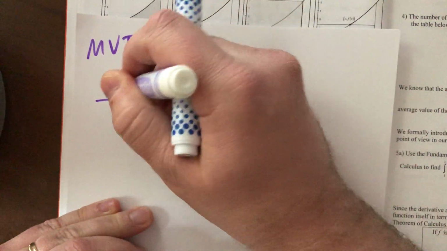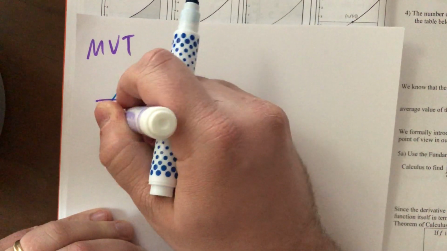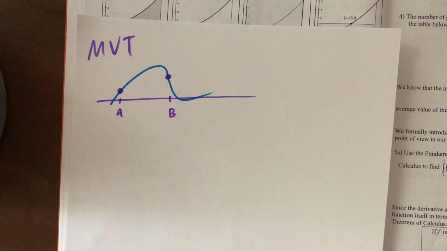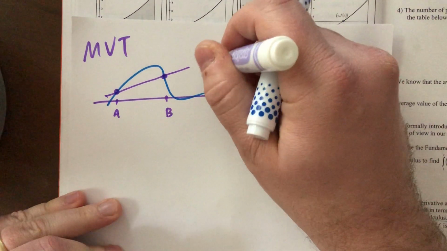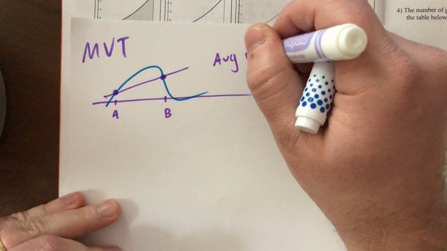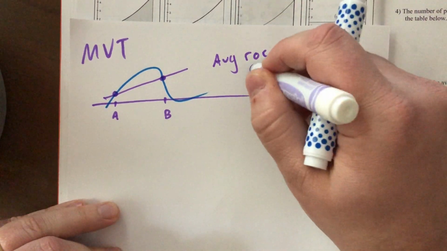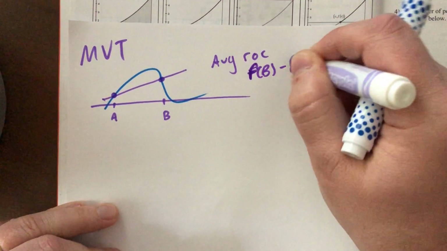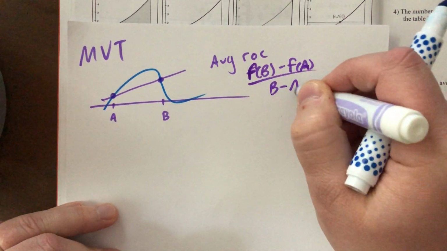So if I'm looking like from here to here, so we call this A, we call this B. The mean value theorem said that average rate of change, so remember our average rate of change was f of b minus f of a over b minus a, right?